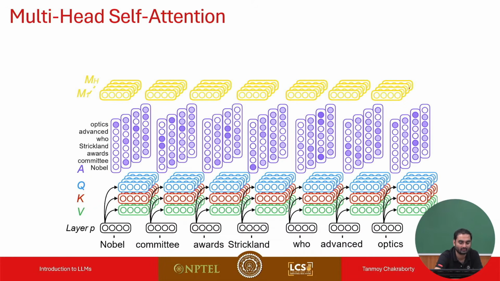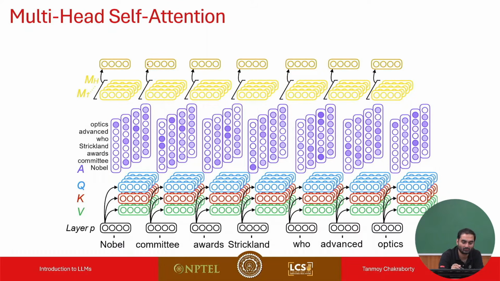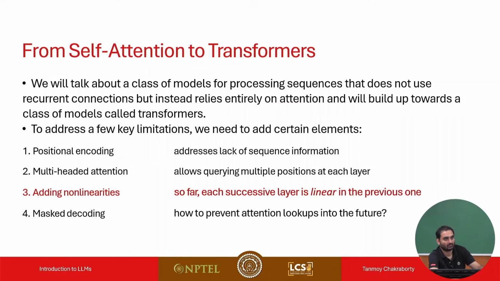Now in multi-headed attention, you have multiple such vectors, multiple such attention distributions. Then you concatenate them and pass them through a linear layer, and this will result in a vector which has the same dimension as the input vector.